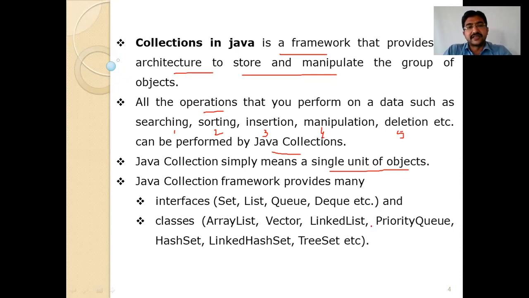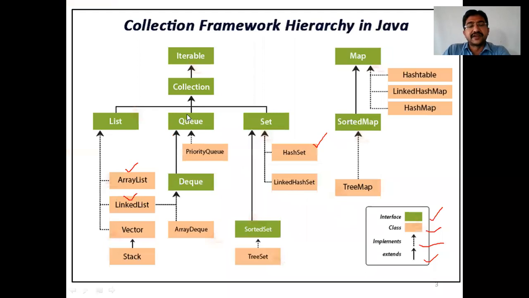So how can we see the examples? The Java collection framework provides two things: one is interfaces and the second is classes. Interfaces are nothing but set, list, queue, deque, etc. All of these come under interfaces. In this figure, list, queue, set, and deque are all called interfaces.